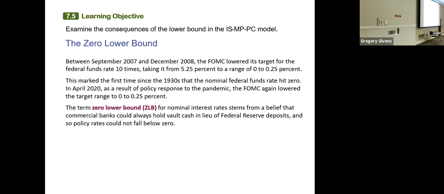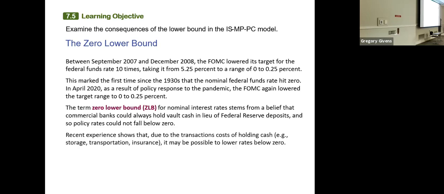Well, couldn't you simply withdraw your reserves from the Fed and hold them in your own vault as vault cash? You could do that. And the belief that banks would do that if the Fed tried to pay a negative interest rate, that is, charge banks for holding reserves, is why the interest rate can't go below 0. It's not feasible because banks simply would not participate in Federal Reserve balances at that point, okay?